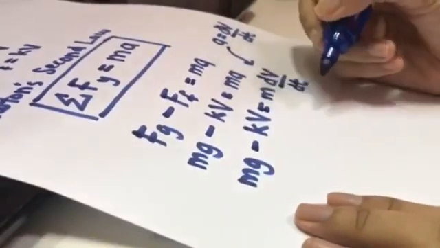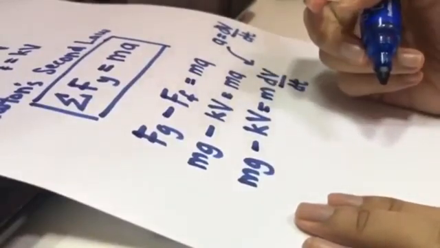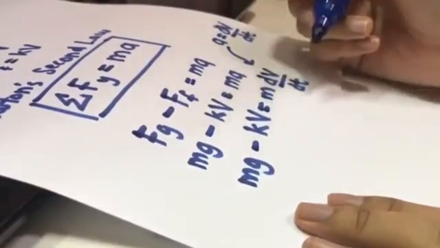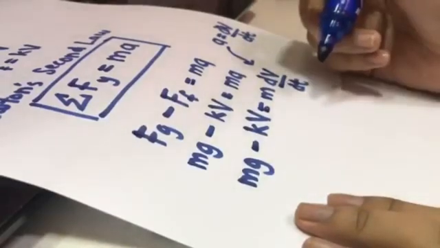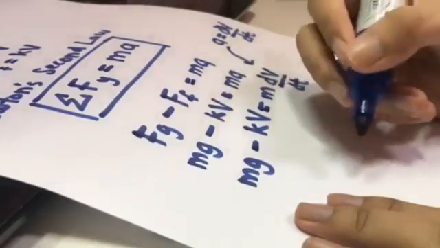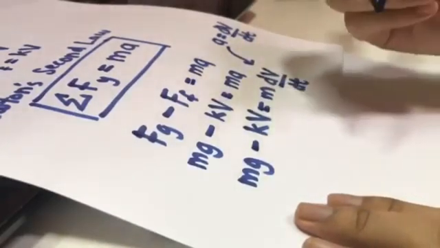We have mg minus kv, right? So we will rearrange the equation to have the differential equation of the free-falling body.